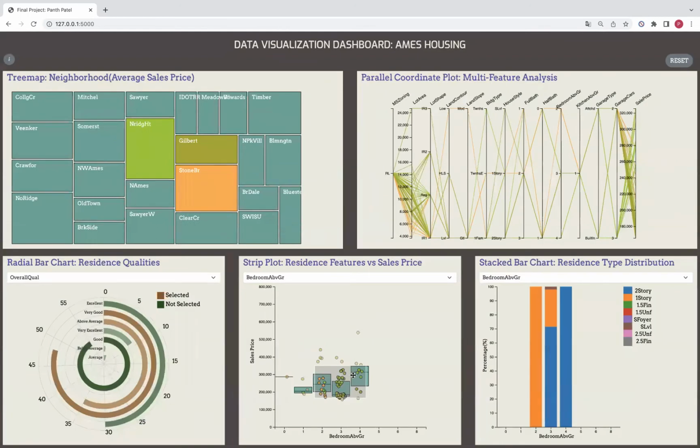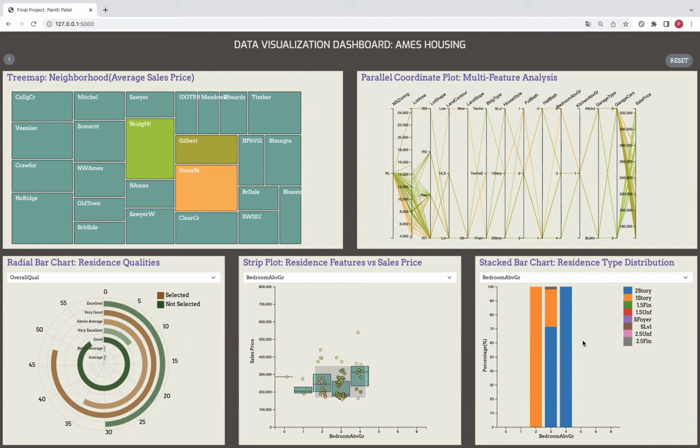So for this selection, in these three neighborhoods, for very good and above average quality houses with 2-bedroom, 3-bedroom, and 4-bedroom, we can see that for 2-bedroom houses, all these houses are 1-story houses, and for the 3 and 4 bedroom apartments, the user gets more options of 2-story houses.